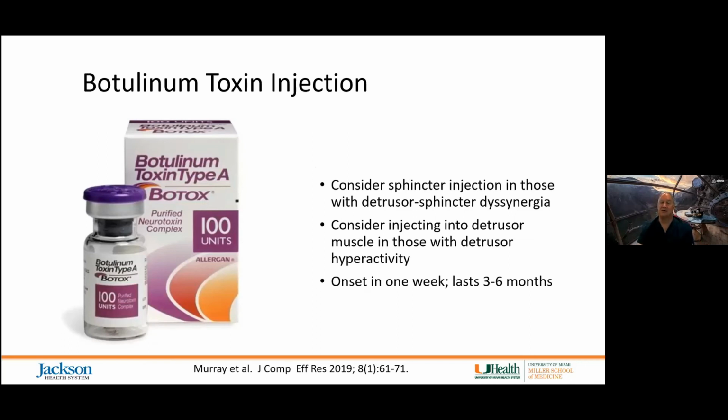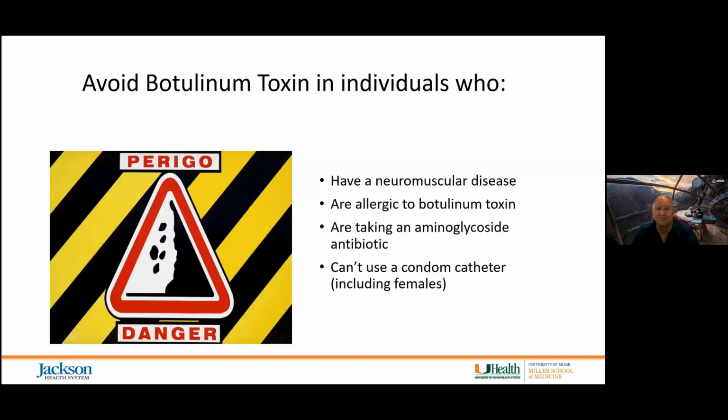Typically, they will do this under cystoscopy and go in and do a number of sites within the detrusor itself to, again, cause relaxation, recognizing that the effects of the Botox will wear off in about 3 months. For some folks, it lasts a little bit longer, but you need to keep track. If you're using this for bladder management and 3 months down the road, somebody starts reporting more and more autonomic dysreflexia, recognize that it's probably the Botox has worn off and we need to re-inject.